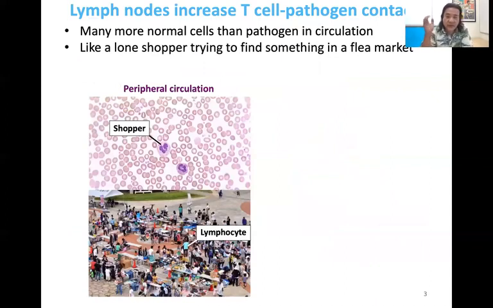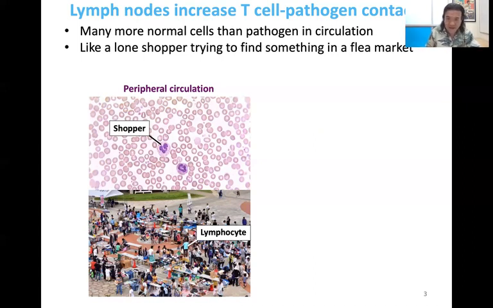Here's one way to think about it that I think is pretty straightforward. In your blood and in normal tissues that your blood is flowing past or through, there are many more normal cells of your body that lymphocytes like B cells or T cells could bump into and will bump into, compared to pathogenic cells.